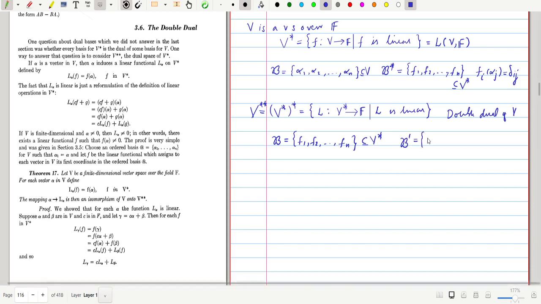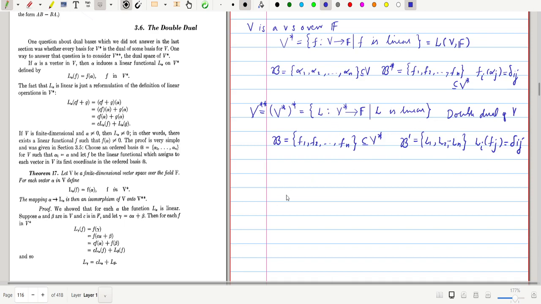It consists of elements L1, L2, etc., Ln with Li of fj equal to delta ij. So this is the dual basis for V star. Now each Li is a linear transformation, an element of V double star.